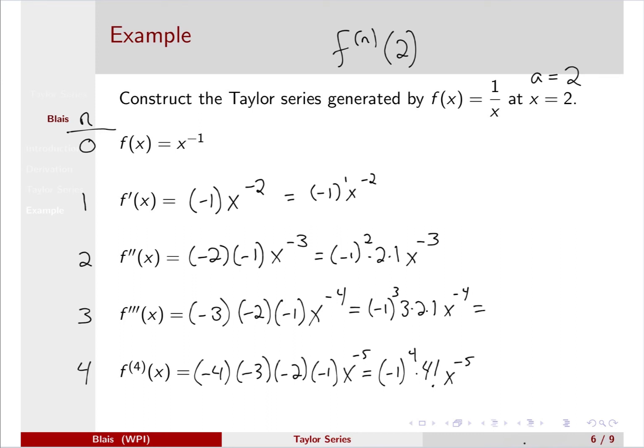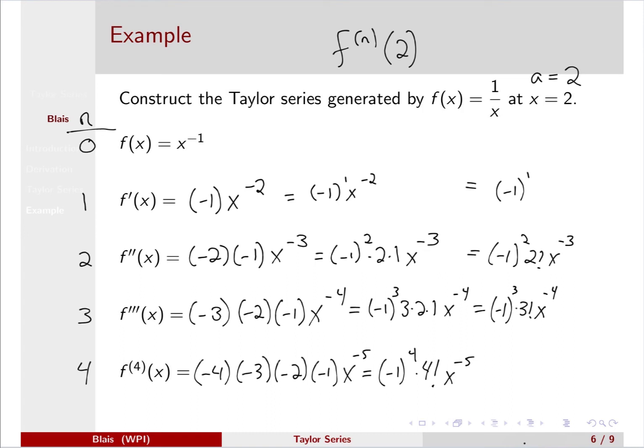Here, for the n equals 3 case, we see we have negative 1 cubed times 3 factorial, x to the minus 4. For the n equal 2 case, we have minus 1 squared times 2 factorial, x to the minus 3. For the n equals 1 case, we have minus 1 to the 1.